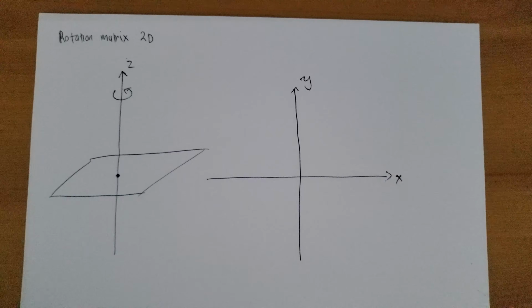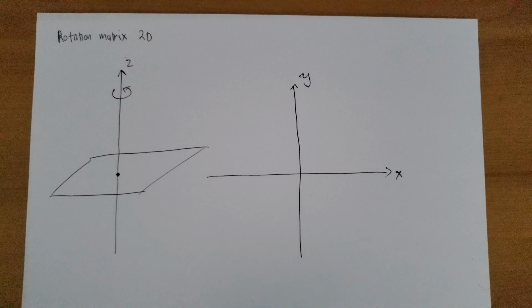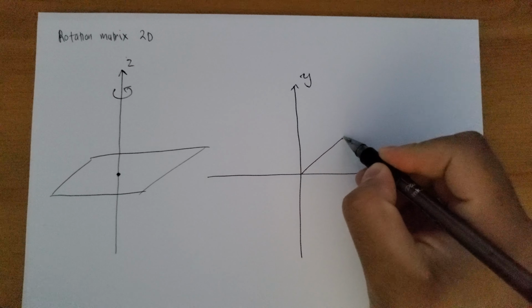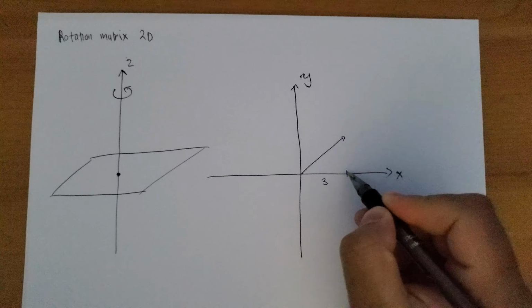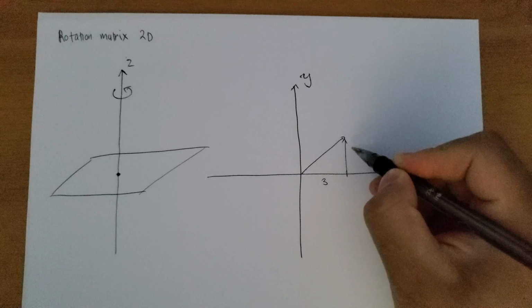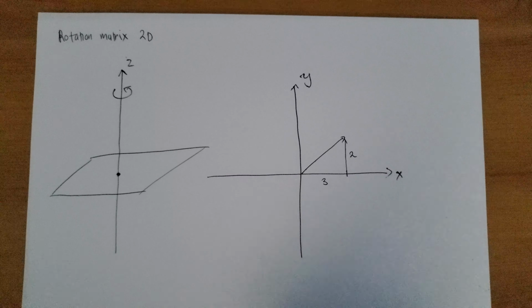So in this case, let's say we have a vector v, which is 3 in the x direction and 2 in the y direction.